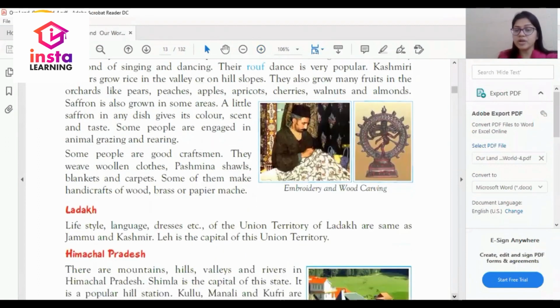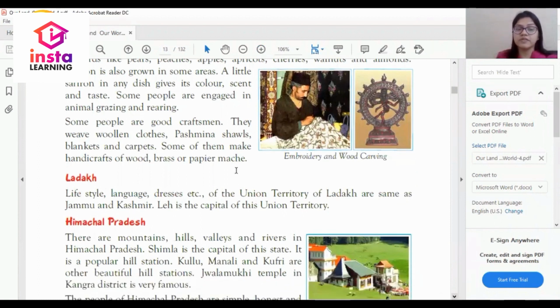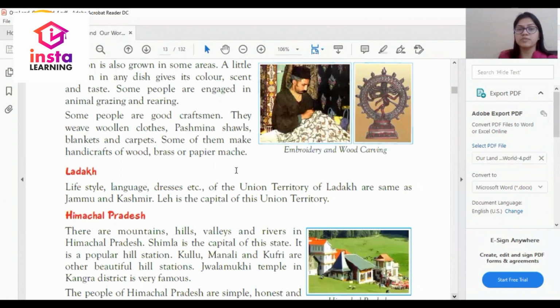Some people are good craftsmen. They weave woolen cloth, pashmina shawls, blankets, and carpets. Some of them make handicrafts of wood, brass, and papier-mache.